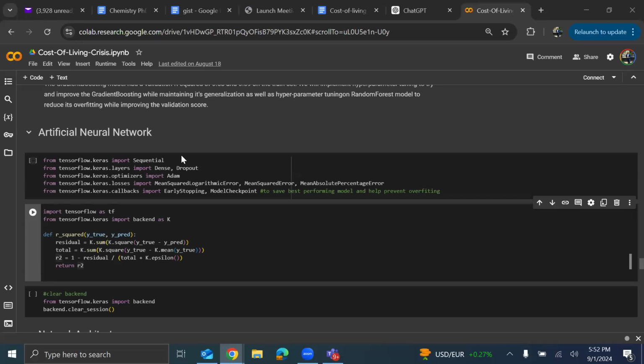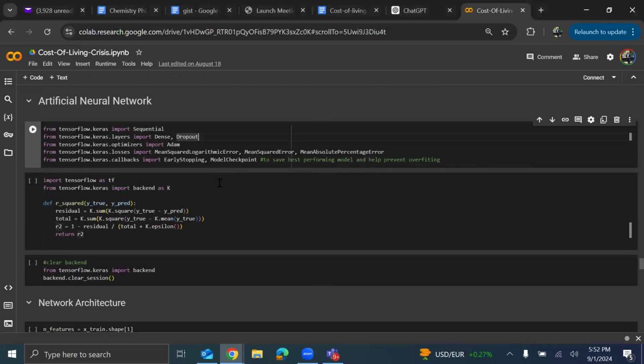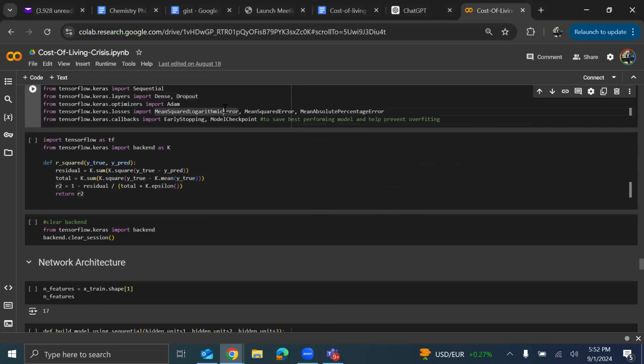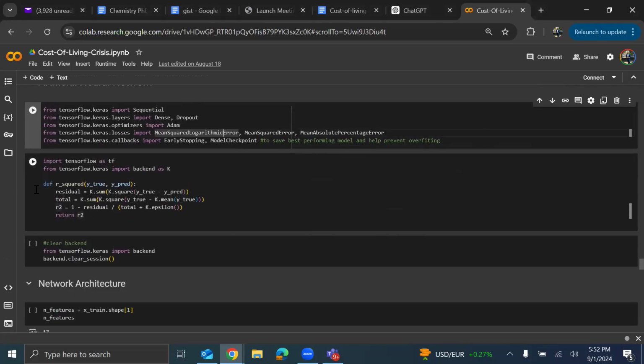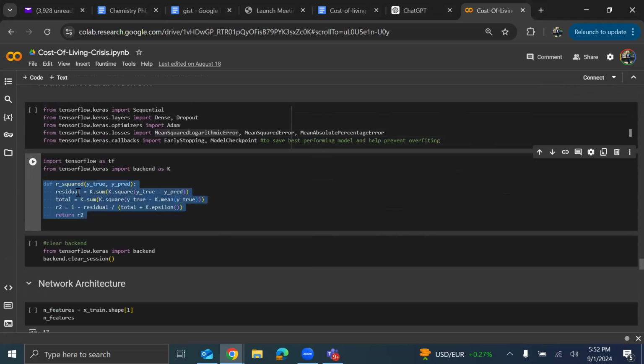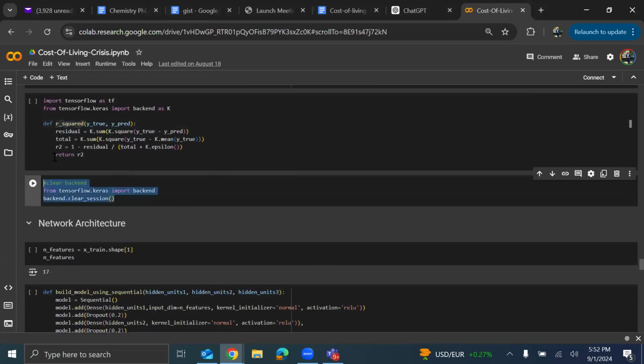so for artificial neural network, here I just imported everything I need. This function is for me to compute the R squared, right? So the first thing I did was to clear the backend.